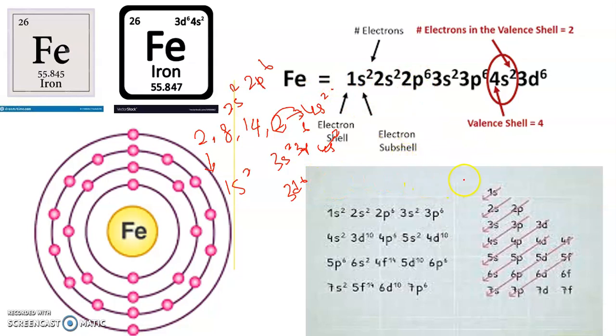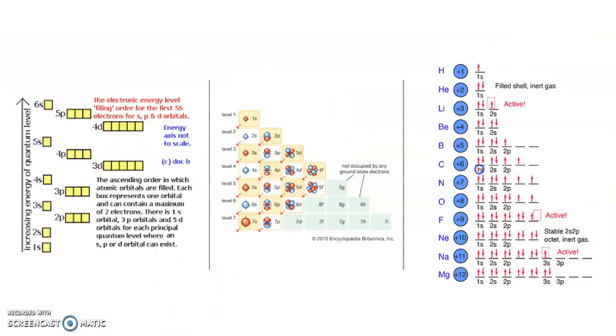So we need to use this table or this rule to arrange our electrons, where this one is showing the lowest energy that an electron can occupy at a certain time and certain level.